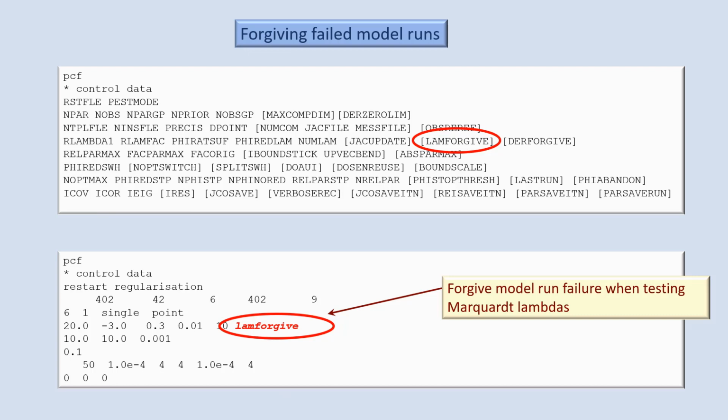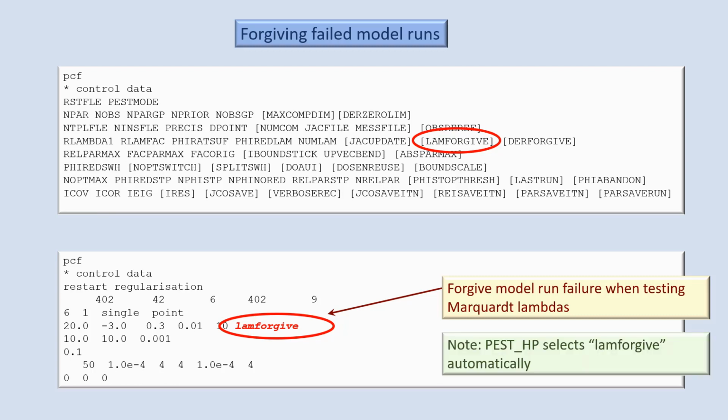Then PEST will forgive failure of a model run. It will declare that that set of parameters gave rise to an objective function which is extremely high, which is effectively telling itself, don't go near that part of parameter space again. If you're using PEST HP, lambForgive is automatically turned on.